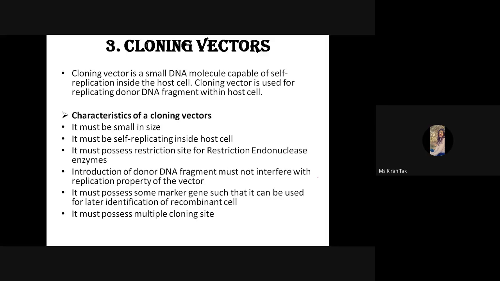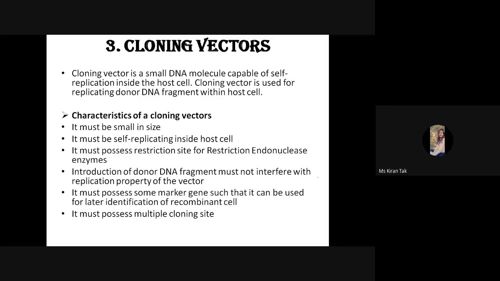It must be small in size, so it can enter the host organism. It must be self replicating inside the host cell, so it should have independent replicating capability. It must possess restriction sites for restriction endonuclease enzymes, so we can cut it and insert our gene of interest.